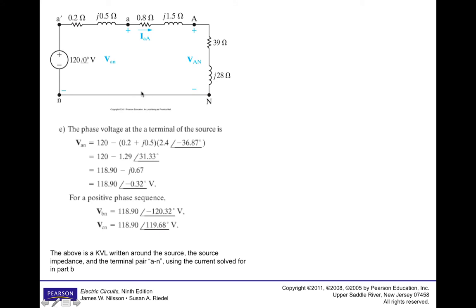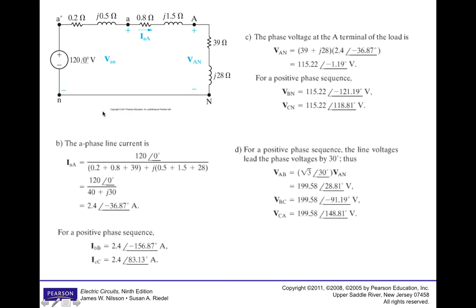Okay, well, I want to go back a slide and look at some numbers. Remember that our source voltage started out at 120 angle 0. So let's look at our phase voltages across the load. Across the load, our phase voltage is 115.2. That's pretty close to 120.